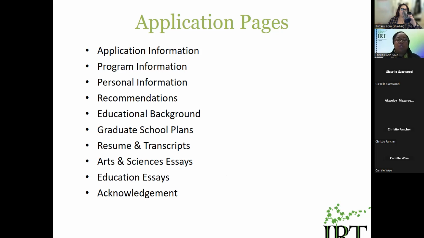You also will need to upload your resume and or any transcripts from any of the universities you've attended, whether that's undergraduate or community college, and the master's transcripts as well. And then there's an acknowledgement where you just basically sign off saying that everything that you have put here to the best of your knowledge is truthful, and that information belongs to you, unlike some folks that we have in our Congress.